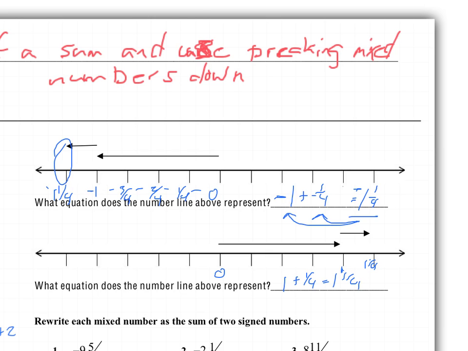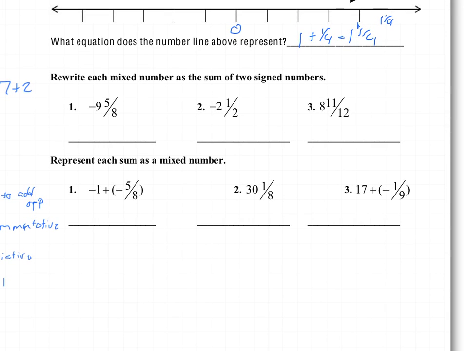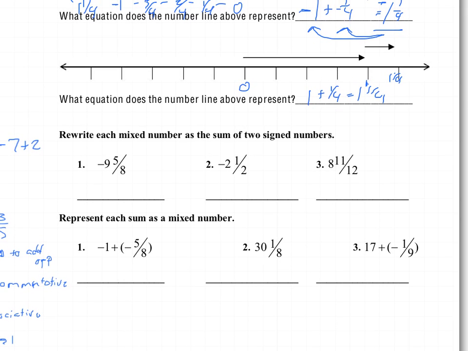So let's practice really quickly, switching between this idea of a mixed number being a sum, and a sum being written as a mixed number. Go ahead and rewrite each of these mixed numbers as the sum of two signed numbers, and then at the bottom represent each sum as a mixed number.